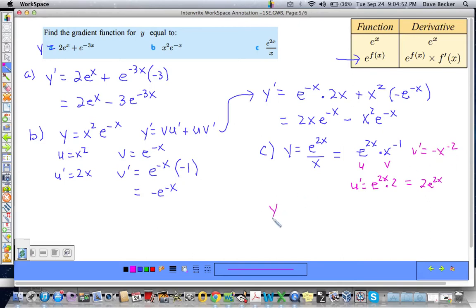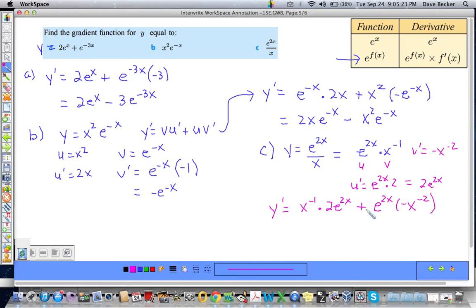So that means that y prime equals v du, so that's x to the negative 1, times du, which is, let's see, 2e to the 2x, okay, plus u dv. So what's u? U is e to the 2x times dv right here, so that's times negative x to the negative 2.